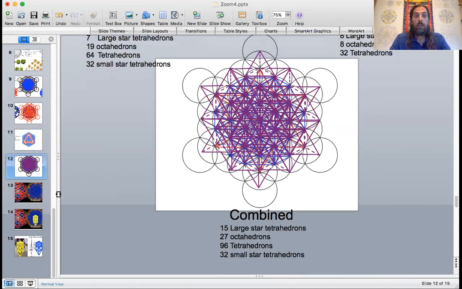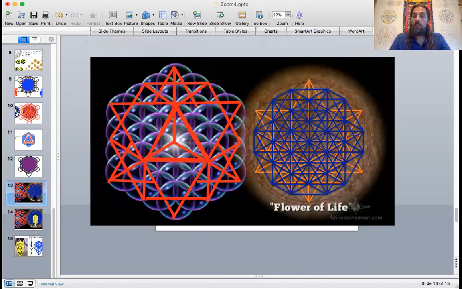And let's go back to a previous slide, from a quick talk about the flower of life. In the video, they're talking about this being the flower of life. It's partially true. Yes, it contains the flower of life.